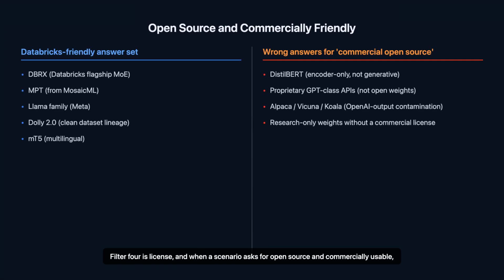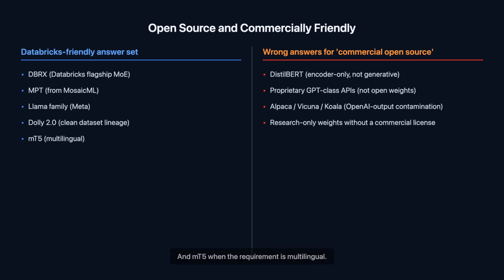Filter 4 is license, and when a scenario asks for open source and commercially usable, here's the answer set you want loaded. DBRX, Databricks flagship mixture of experts model. MPT, the original Mosaic ML family. The Llama family from Meta, Dolly 2.0, which we'll touch on in a moment, and MT5 when the requirement is multilingual.